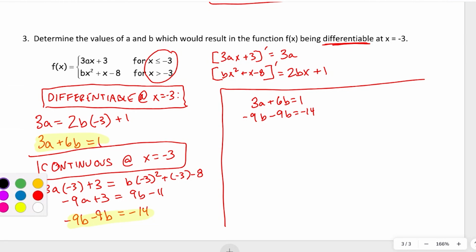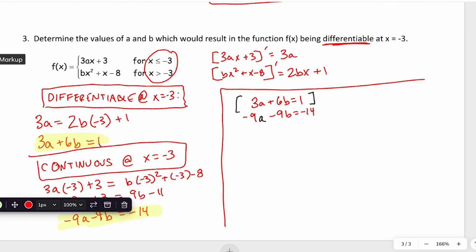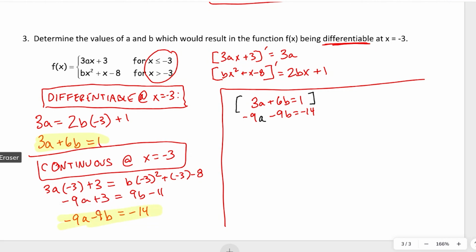So with elimination, what we try to do is get the coefficients of one of the variables to be opposites. Looks like I miswrote that. That should be 9a. Yeah, looks like I miswrote that down here too. That should be a. Sorry. Okay, that looks a little better.